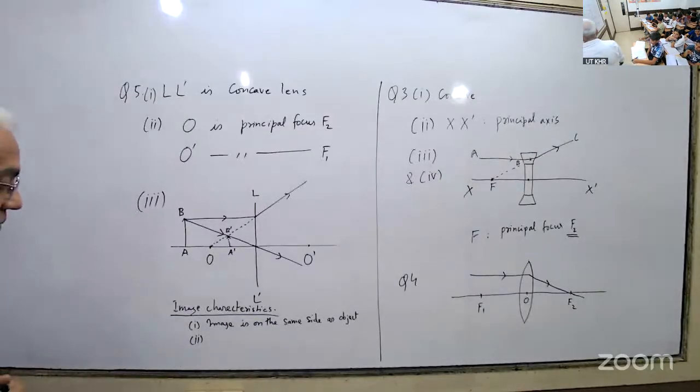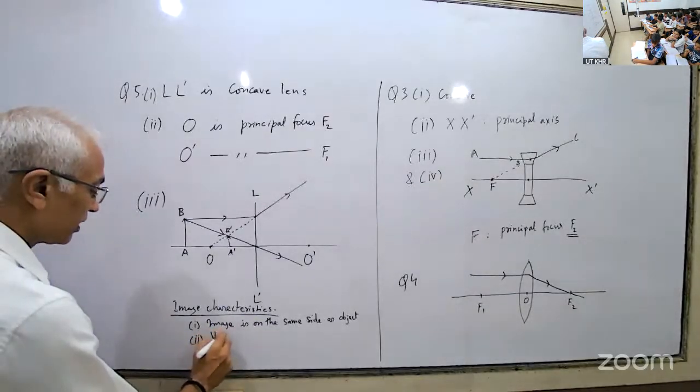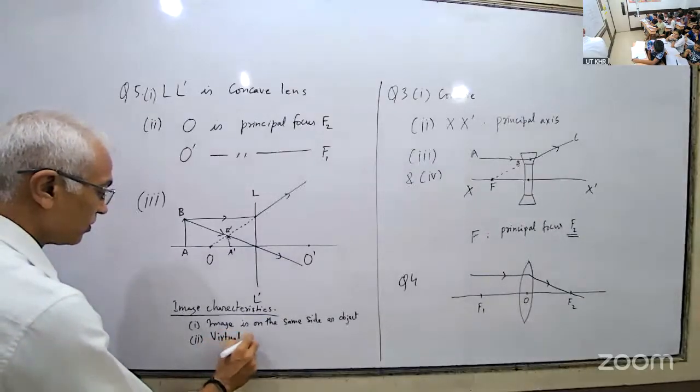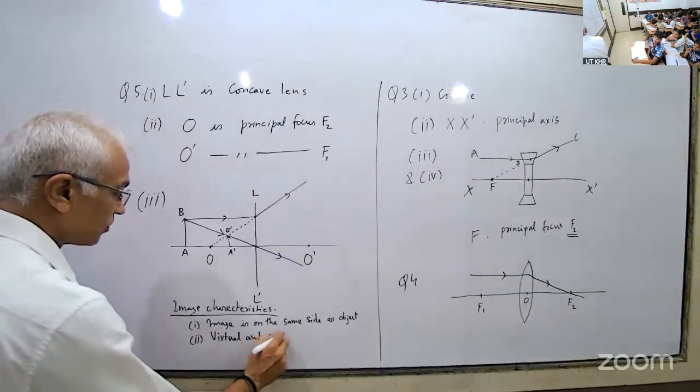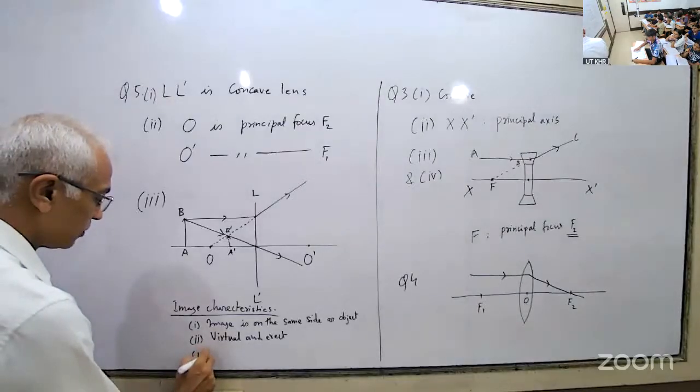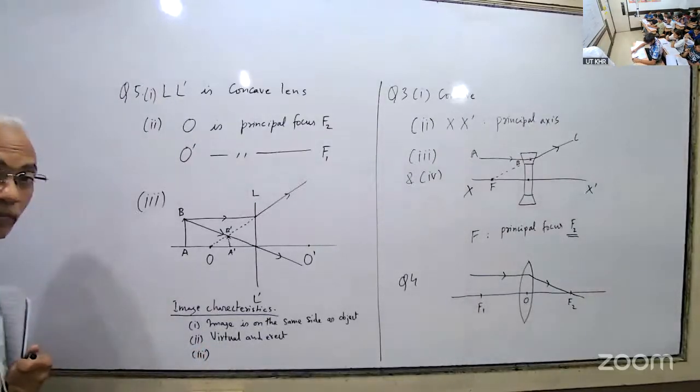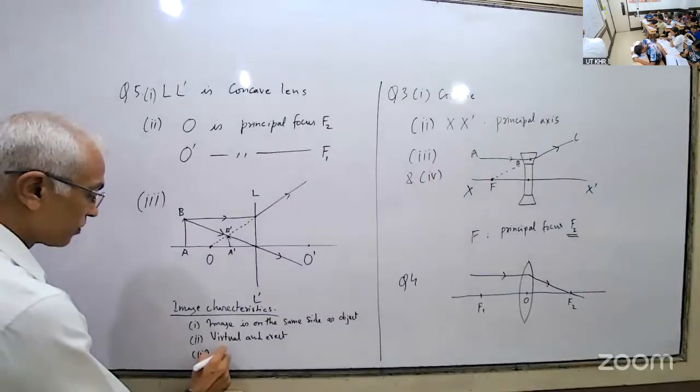What is the second? Virtual and direct. What is third? Third is diminished.